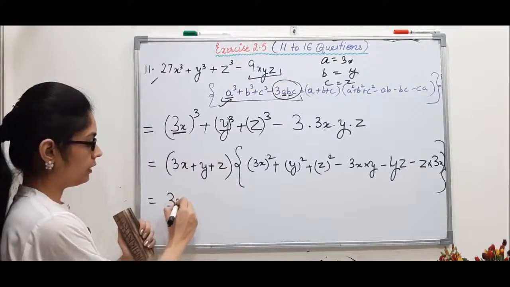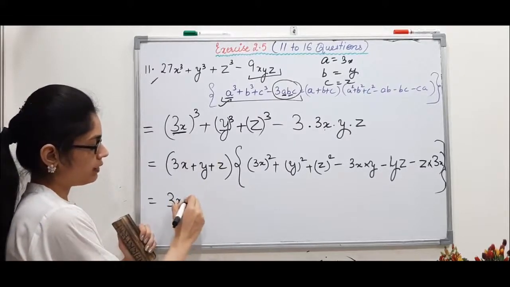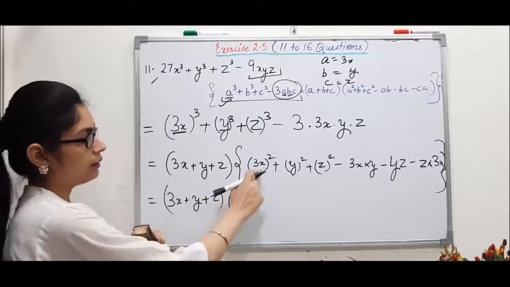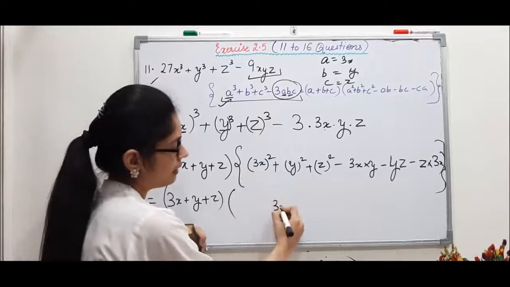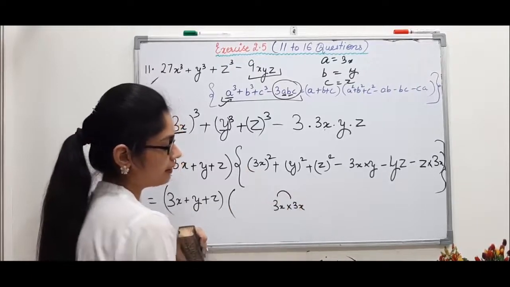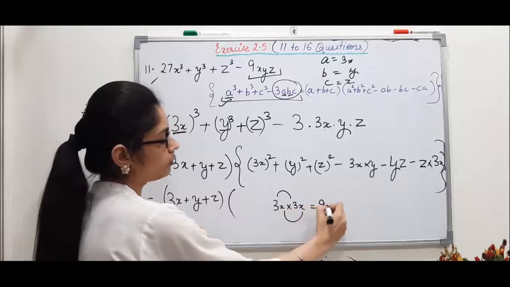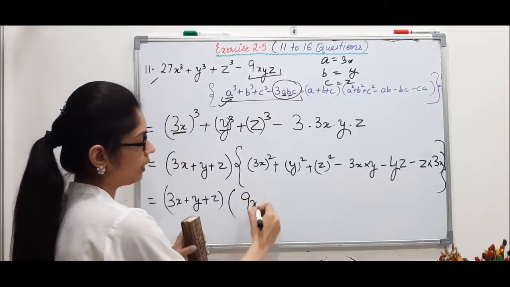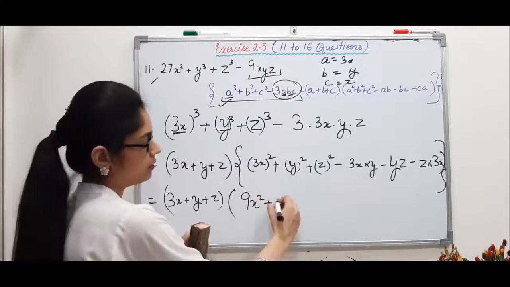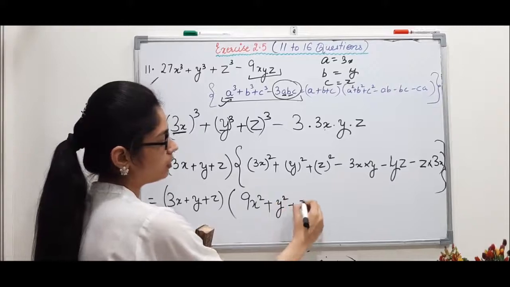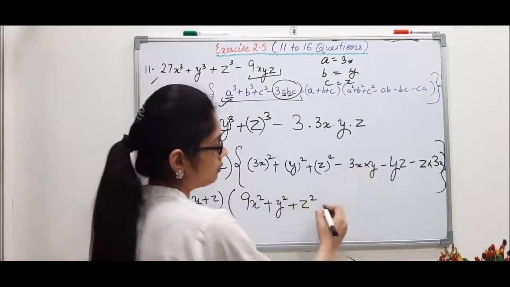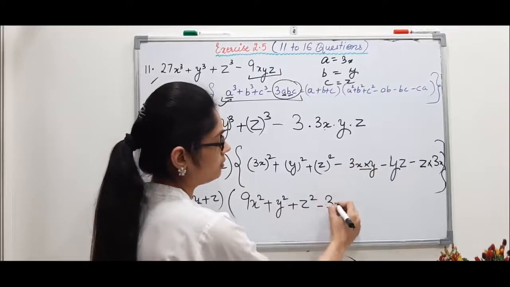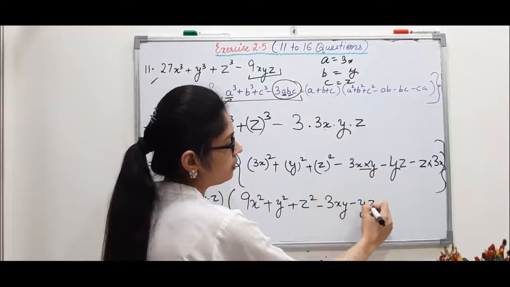We have to write 3x plus y plus z. 3x whole square means 3x into 3x. 3 into 3 is 9, x into x is x square, so 9x square. y whole square is y square. z square is z square. Minus 3xy. Variables can get multiplied, so directly you can write minus 3xy, minus yz, minus 3zx.